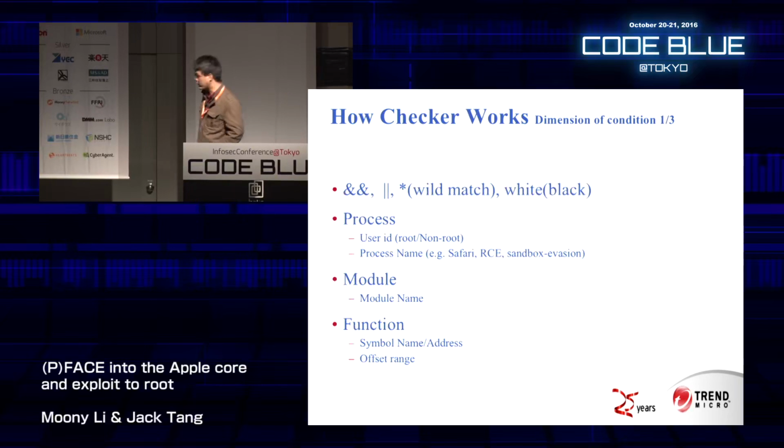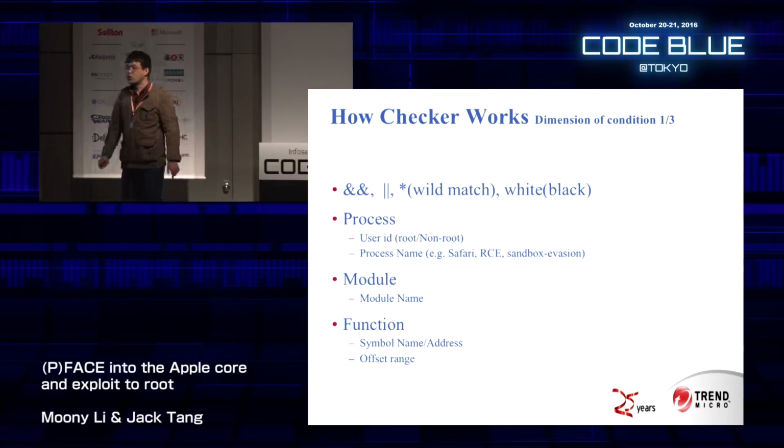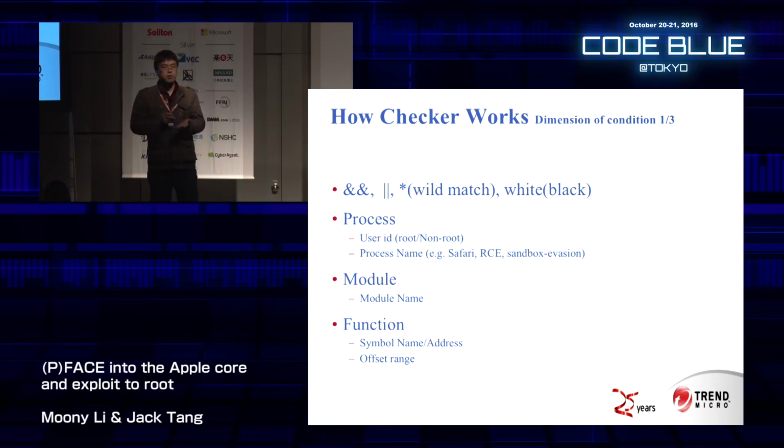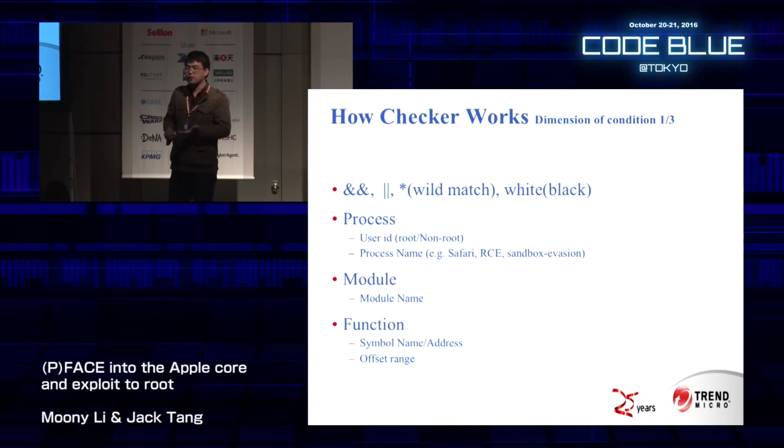About the process, we could care about, for example, the user ID. We can distinguish whether the current process is root or not. And we can care about the process name, for example Safari, so we can distinguish whether the current process could be remotely controlled or whether it is a sandbox escape.